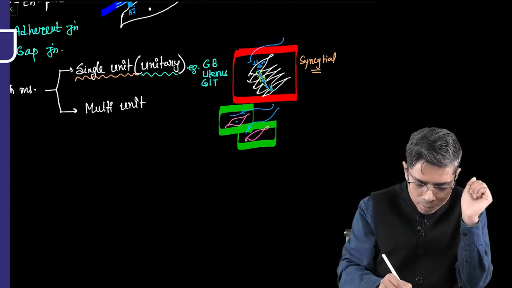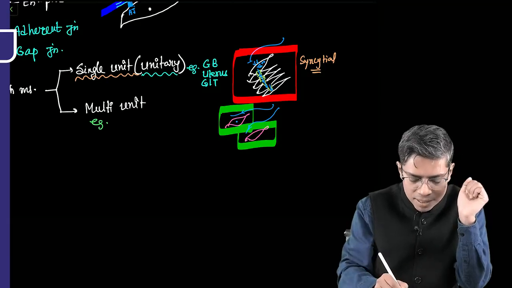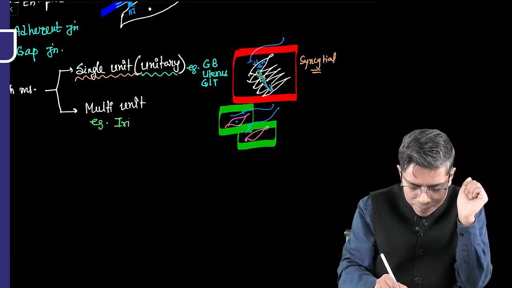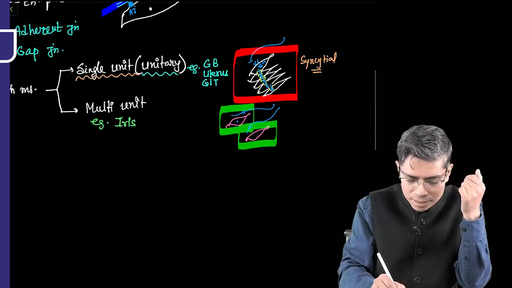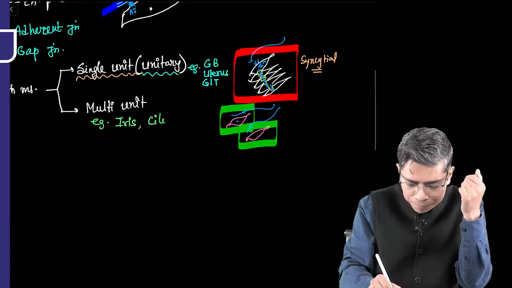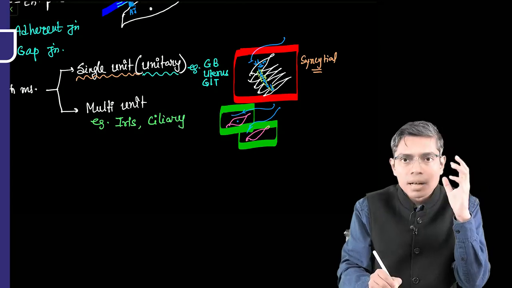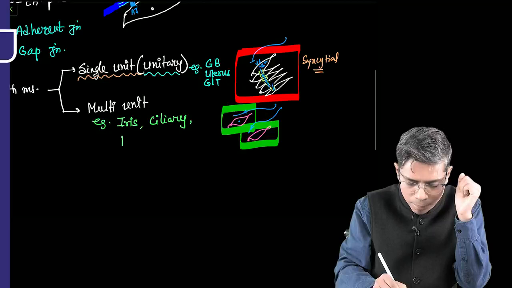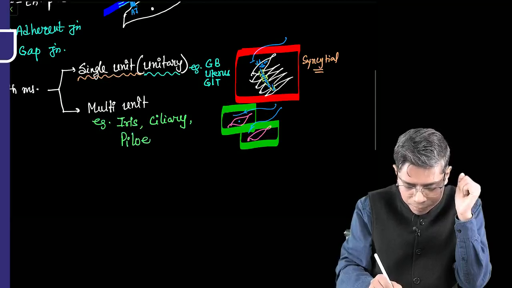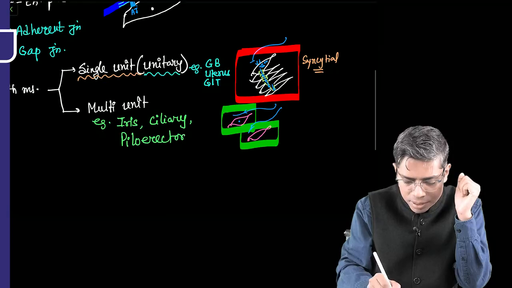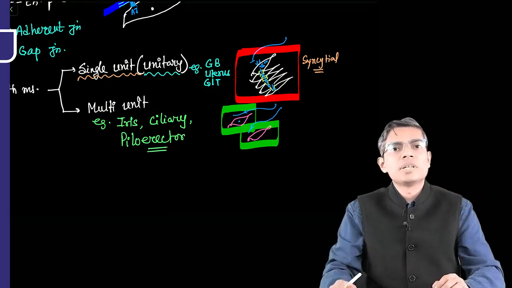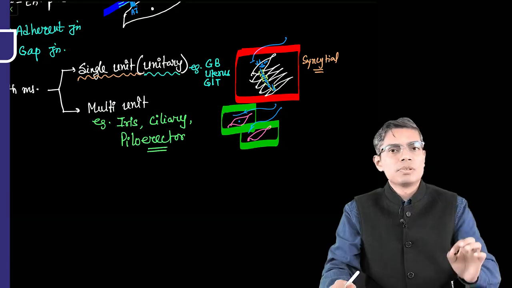Examples of multi-unit smooth muscle are the iris muscles, the ciliary muscles of the eye, as well as the piloerector muscles of the skin. All of them are examples of multi-unit smooth muscle.